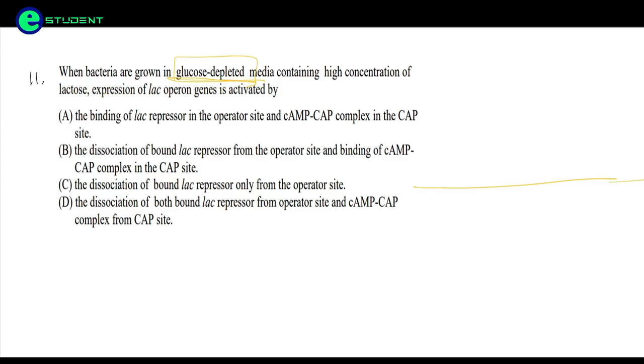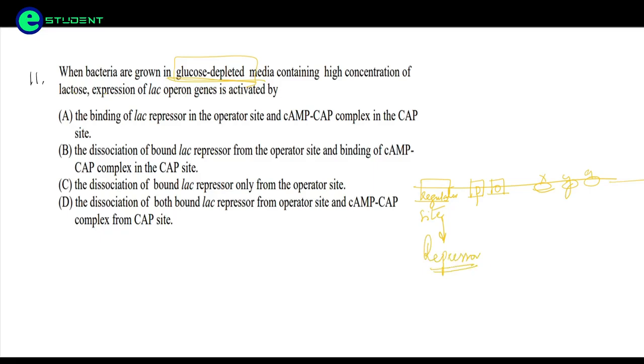These are our Z, Y and A genes present on the operon. Here is the operator, here is the promoter site, and here is the regulator site. This regulator will produce the repressor.